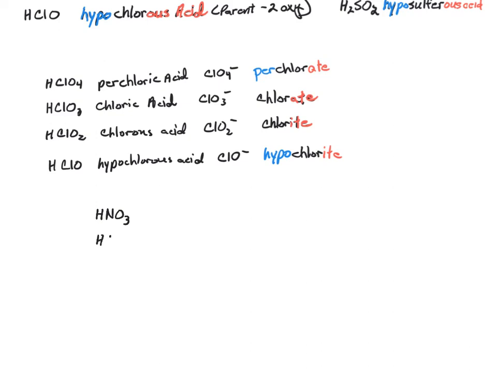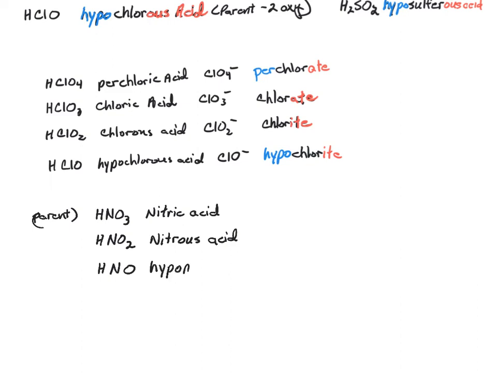There's HNO2 and HNO. The acids here would be nitric acid, that's the parent, and then we would have nitrous acid and hyponitrous acid.